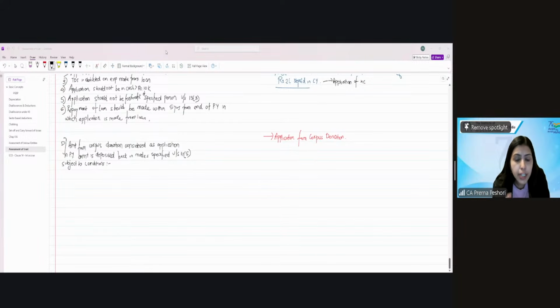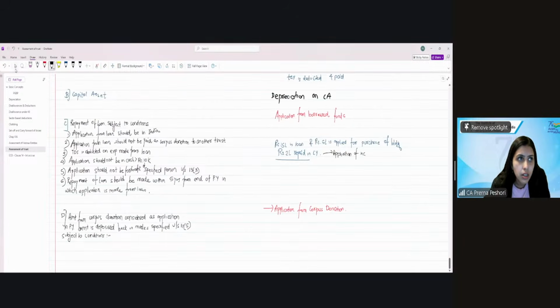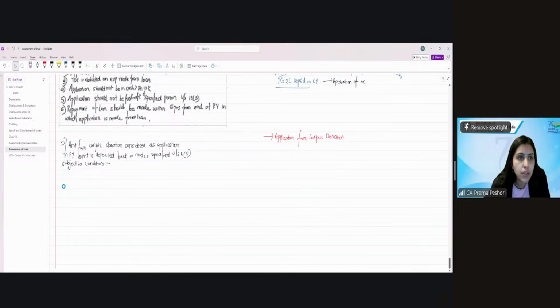However, it will be treated as application in the year in which you deposit the amount into the mode specified in 11.5, subject to certain conditions. What are the conditions? The conditions are again these same only, as for the repayment of the loan. So the same set of conditions are applicable with respect to the corpus donation also.